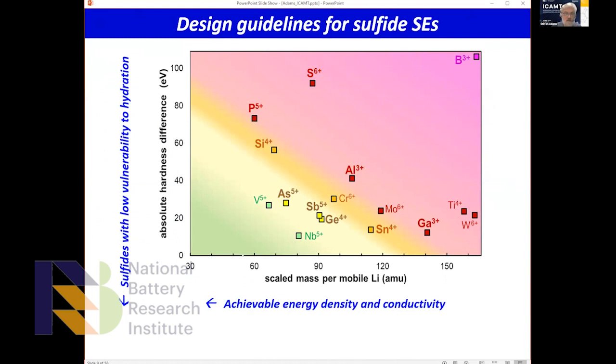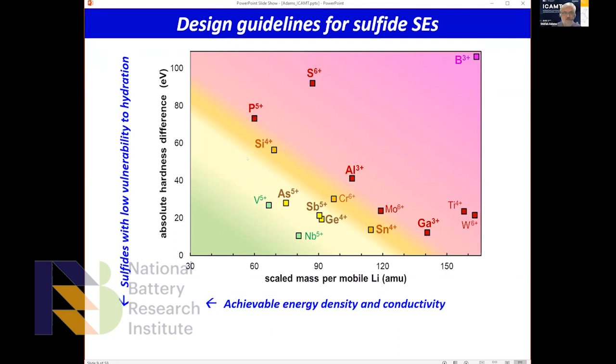In this axis, the vulnerability to hydration changes from very bad to much better, from red to green, and the heavier atoms in terms of mass per mobile lithium are also red, the lighter ones green. In terms of this mass, phosphorus is near ideal. That's why many of the materials now in the lab are based on phosphorus, on thiophosphates.